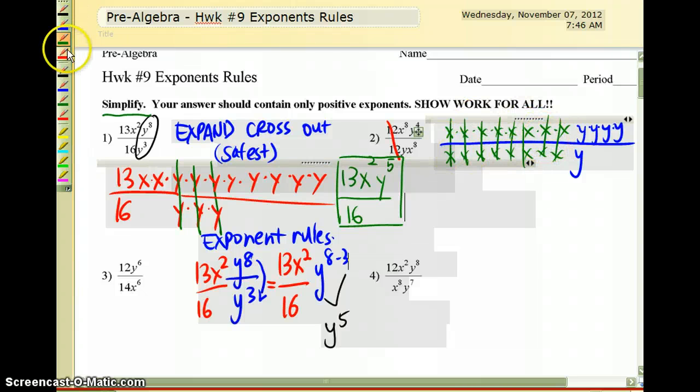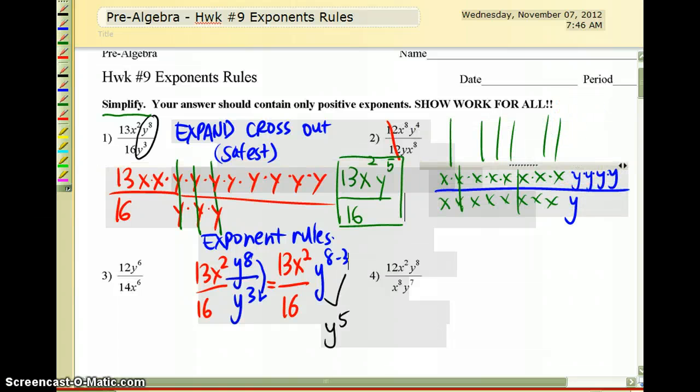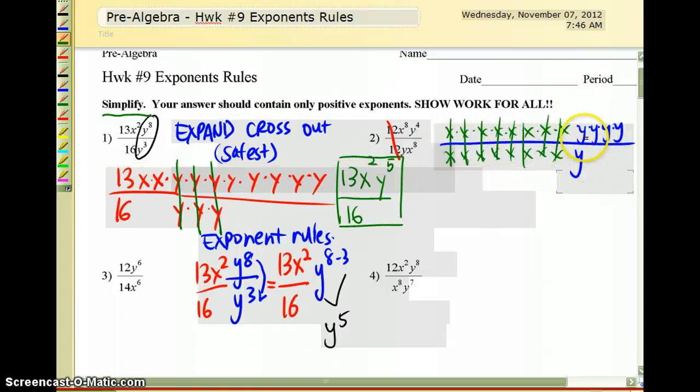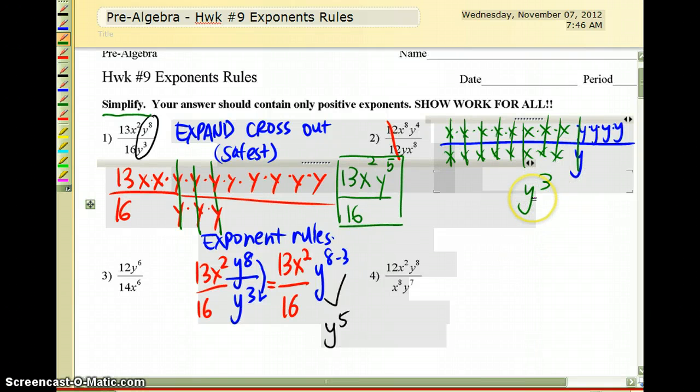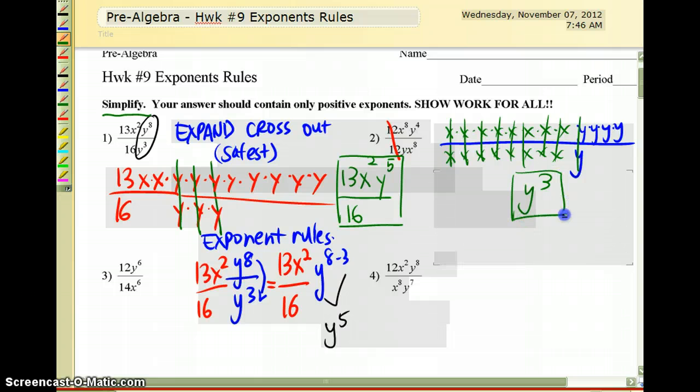And then y's, I can cancel a y out, and then get my final answer: I have no more 12s, no more x's, and all I have left is y to the 3rd power, and nothing left on the denominator, so I can leave my answer just like that for number 2.